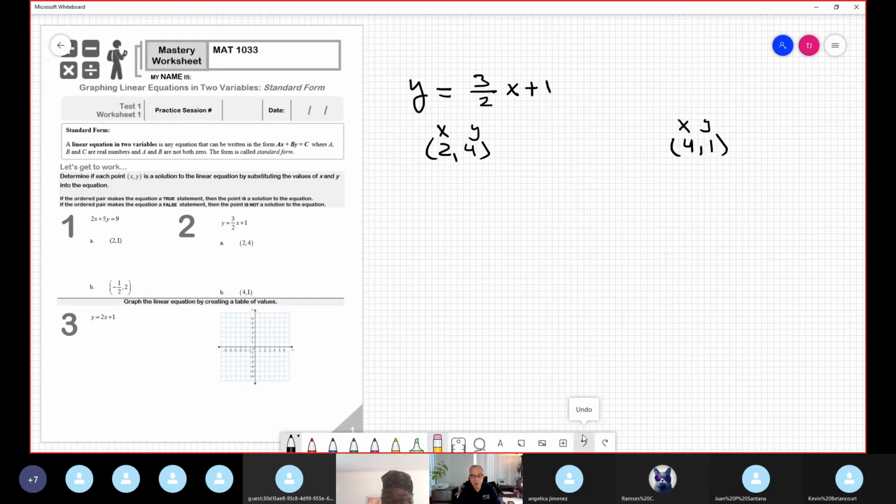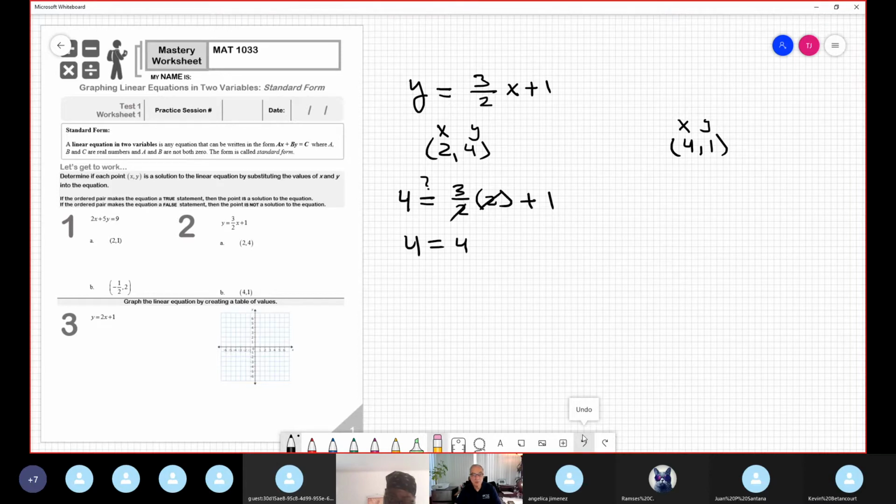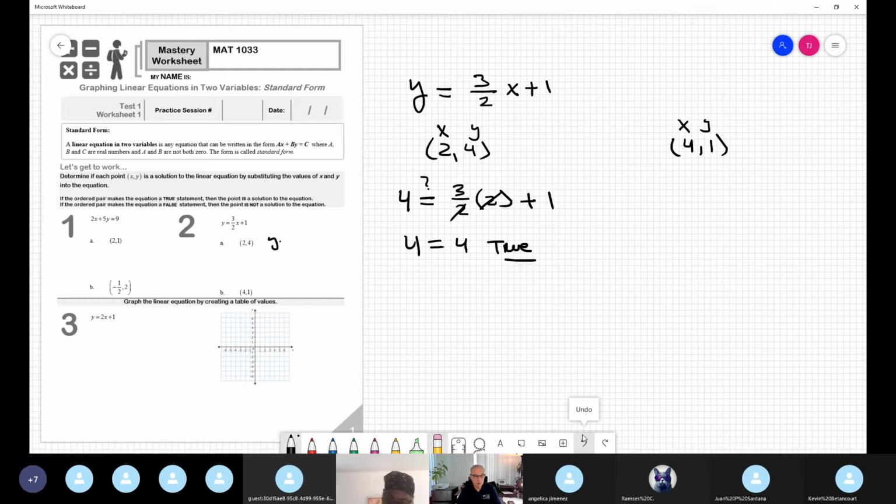So y, 4 in the first point, should be equal 3/2 times 2 plus 1. The 2s cancel, it's obvious. 3 plus 1 is 4. 4 equals 4, true again. Oh, everything is true. Oh, not everything. In this example, yes. In another example, maybe no.